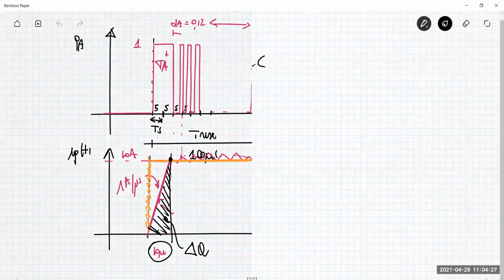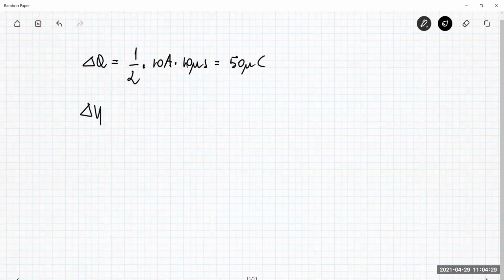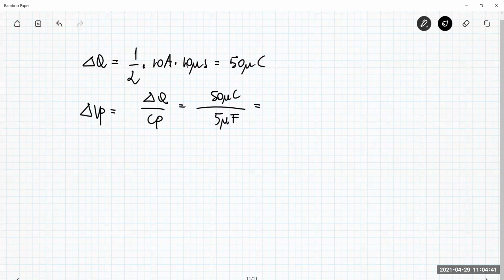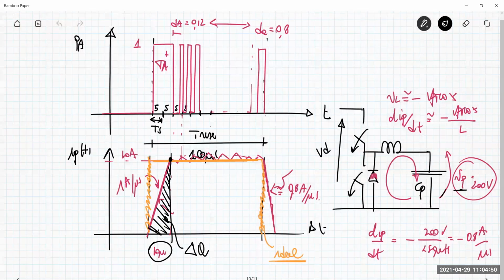So the voltage delta Vp across the capacitor is delta Q over Cp, which is 50 microcoulomb over 5 microfarads, and this is 10 volts. So this charge is able to increase the voltage across the capacitor from 0 to 10 volts.